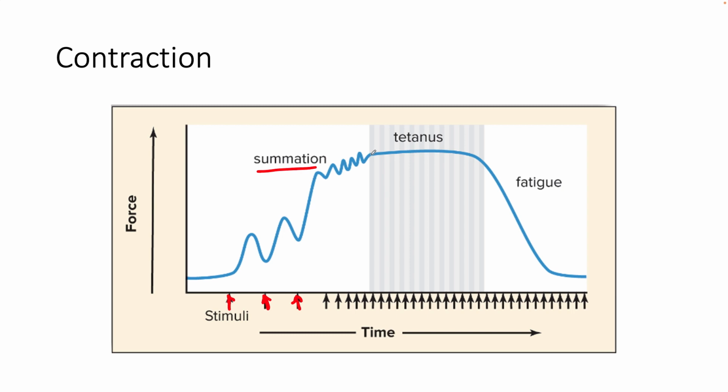It is as contracted as it can be. And the word for that is tetanus. And you can't really do anything. No matter how much more stimuli you give, you will stay at that level of force. So remember, when we are adding stimuli together, that gives us this sort of summation of forces, which gives us enough force to contract the muscle.